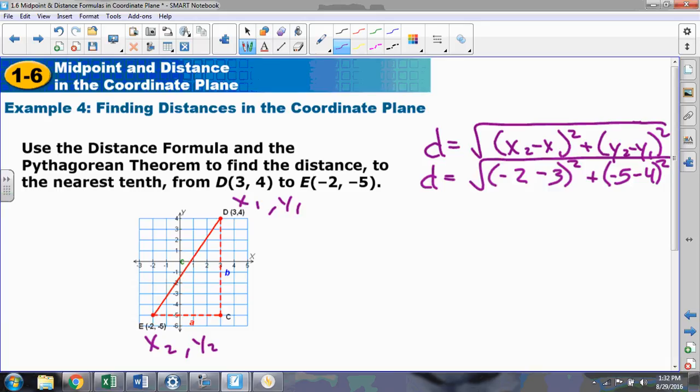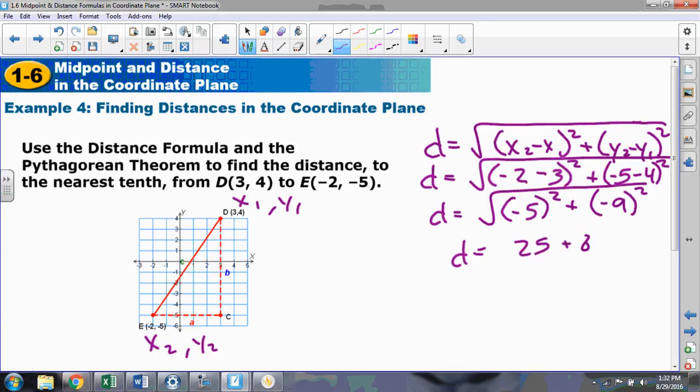What is -2 subtract 5? 3. Okay, so -5 squared. What's -5 subtract 4? -9. And so we wind up with 25 plus 81, which is 106.